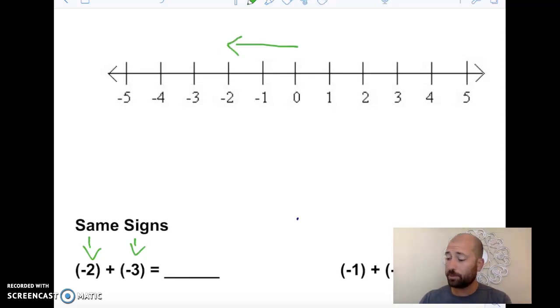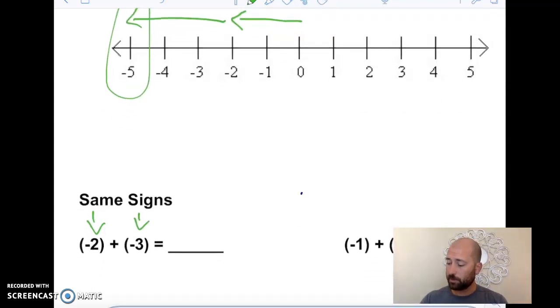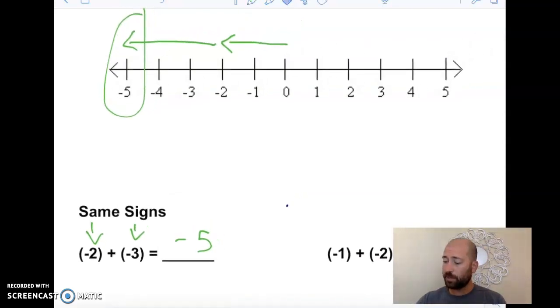When I'm adding, I'm going to start the next arrow at the end of that, a -3. So there's a -2 and a -3, and where it ends up is my answer. So that one ends up at -5. Again, does that make sense? If I go down 2 feet and then I go down another 3 feet, now I'm 5 feet below the surface. So -2 plus -3 is equal to -5.